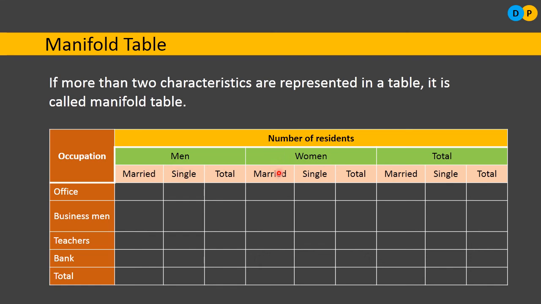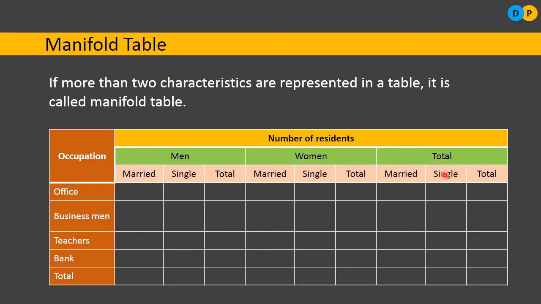Here also, whether they are married or single women. Finally, the total number of married women, similarly the total number of single. As you can notice, there are more than two characteristics here. One is occupation, second is sex, third is marital status. If this type of table needs to be presented, then we have to go with a manifold table.